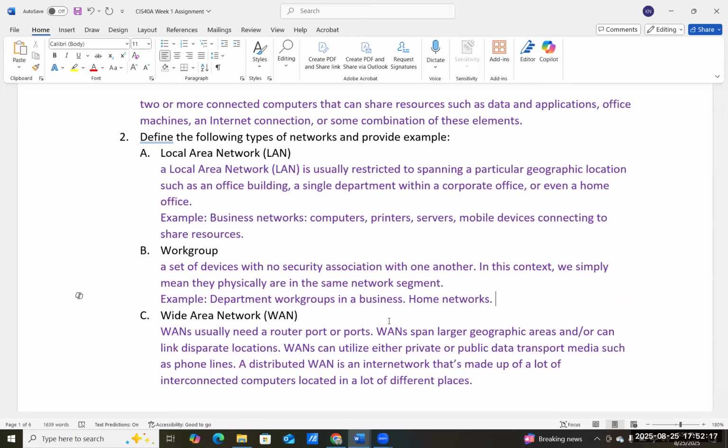Remember when I said if I want to go from Moreno Valley to Corona, I have to hop on the freeway? I can't take side streets, or I'd do it for a long time. So think of the freeway or the highway as your router. The router is going to take you from your network to the next network. And that's how you're able to visit the web, the internet. It's going to go from your home network to your service provider network, right?